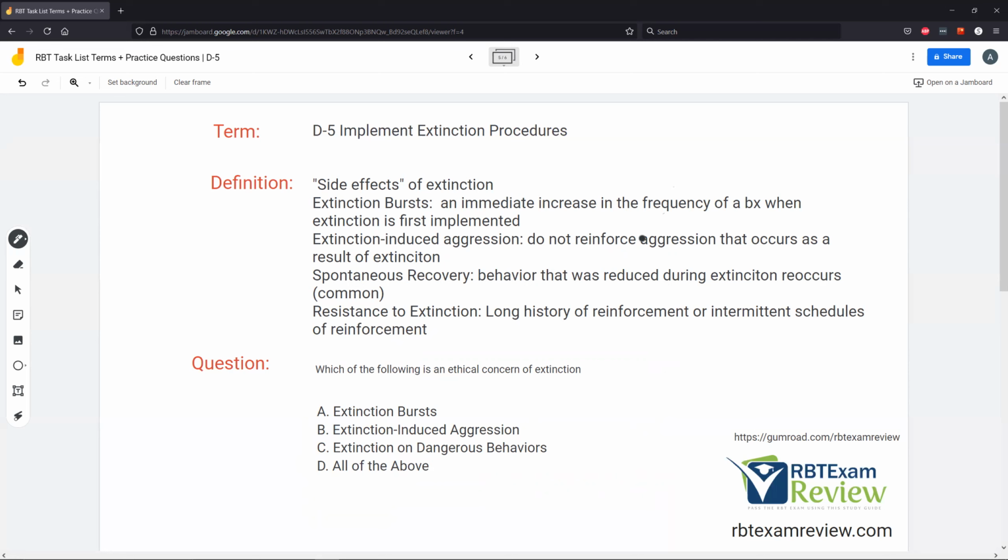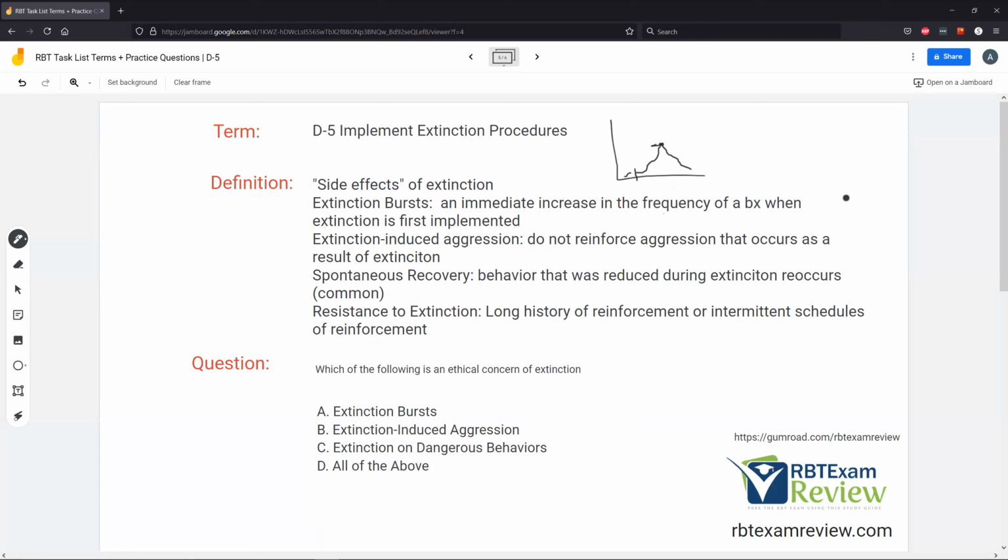When extinction is first implemented, our behavior increases, and then it gets to a point we call the burst, and that's the height of the behavior. After that extinction burst, the behavior goes down. If we looked at a graph, this would be our behavior, this would be extinction, so that behavior is going to go up, and then right here is our extinction burst, and then the behavior is going to go back down.